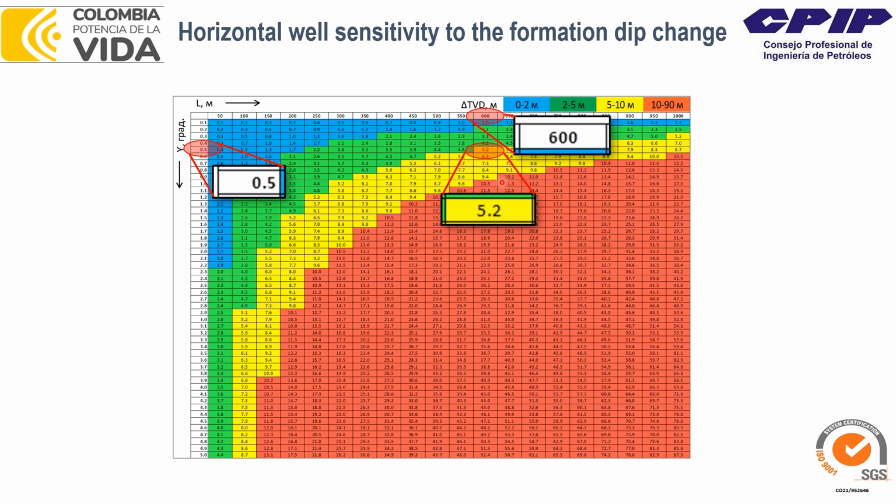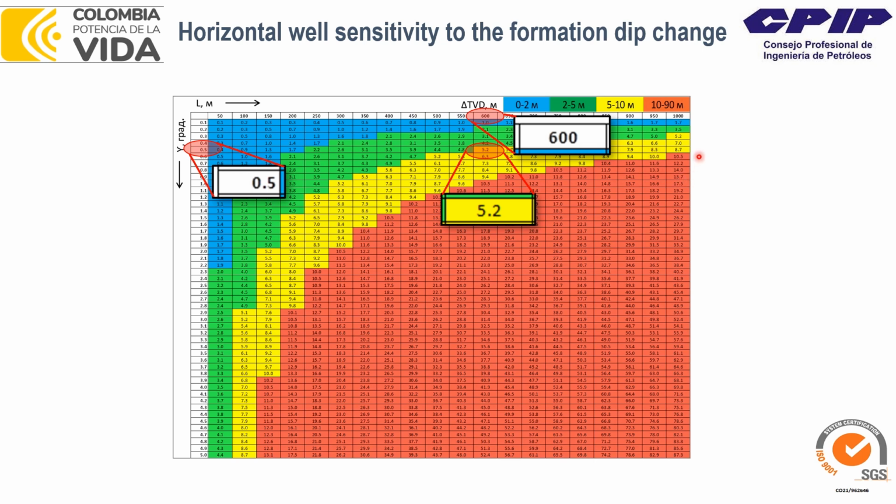For example, if we have a horizontal section of 1000 meters, which is 1 kilometer, you can see that it's getting from the green to the yellow zone of sensitivity after 0.3 degrees. Which means any change of 0.3 degrees already brings us to the risk area.